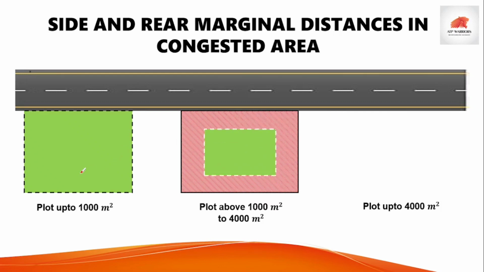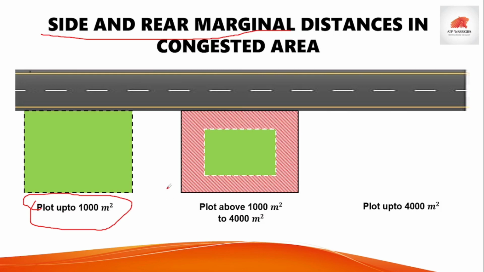Here for the plot up to 1000 meter square, you don't need to keep the side and rear marginal distances. This is again a difference point, just like the previous one. For the plot up to 1000 meter square, no side and rear marginal distance needs to be kept in a congested area.